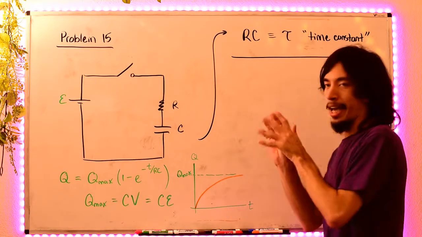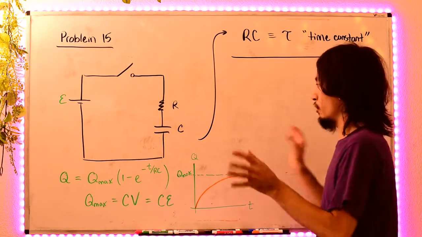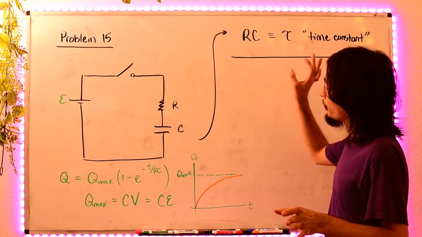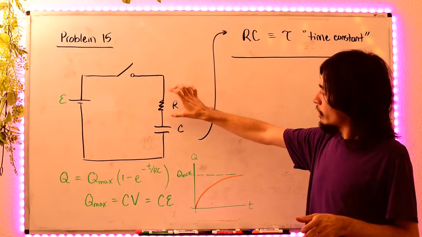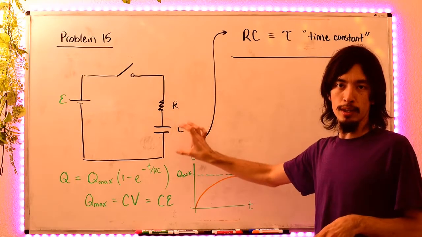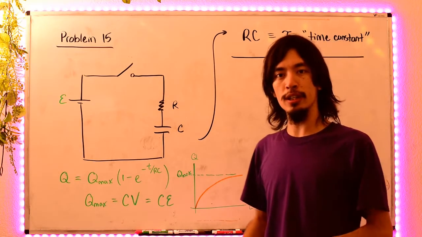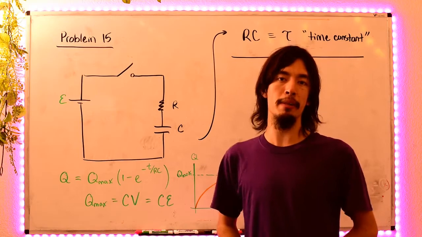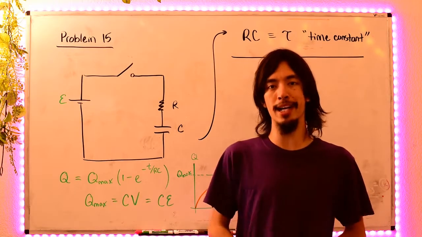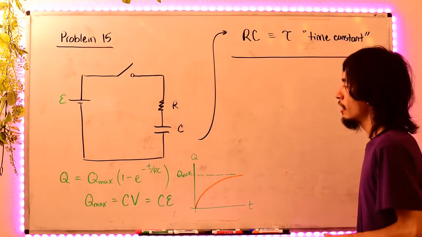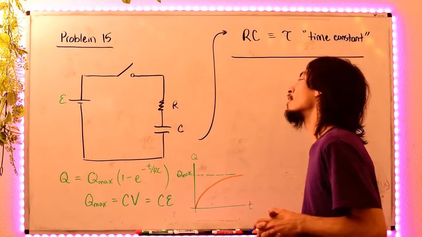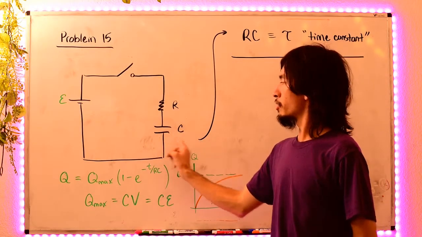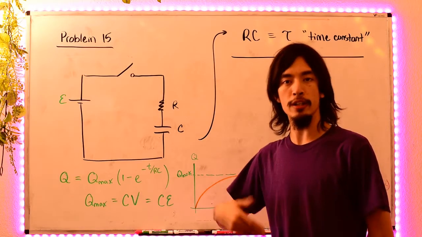You don't really need to calculate anything, because if you know what the purpose of the resistor is and what the purpose of the capacitor is in the circuit, that can already give you the answer immediately to which one gets to its maximum charge first. So let's think of it this way. The capacitor's purpose is to store charge. You fit charge onto its plates.